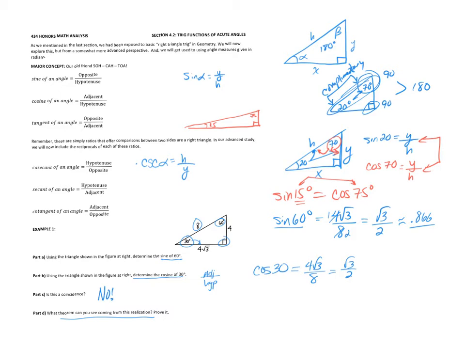So it makes sense that the cosine of 15 would be a ratio that's pretty close to 1. It's not going to be 1 because this side is shorter than that hypotenuse, but it's going to be fairly close to 1. I went off to my calculator and found out that the cosine of 15 is about 0.966, which essentially means that this side is about 96% as long as the hypotenuse is.